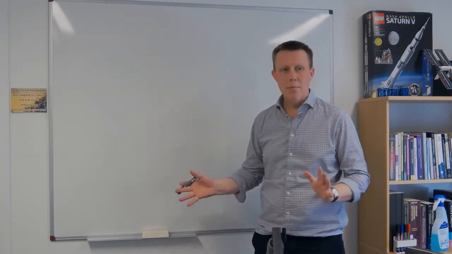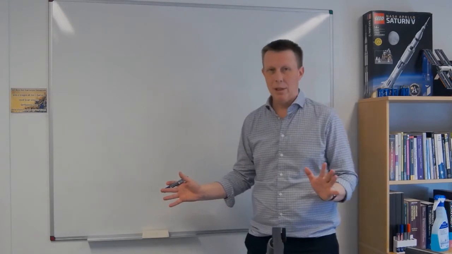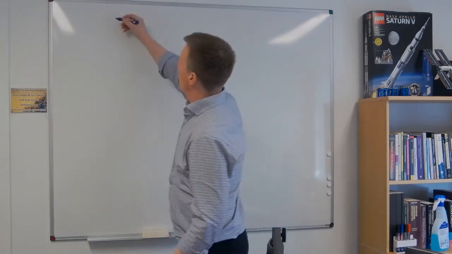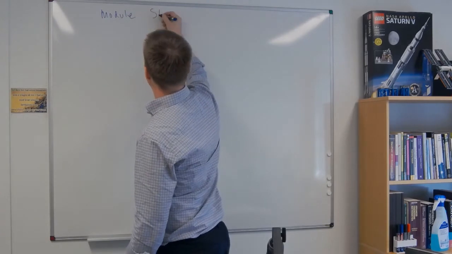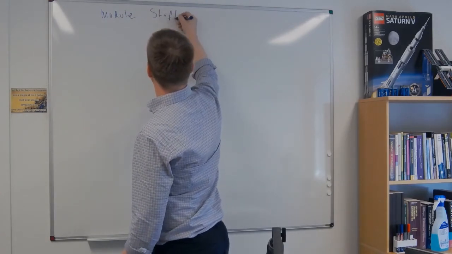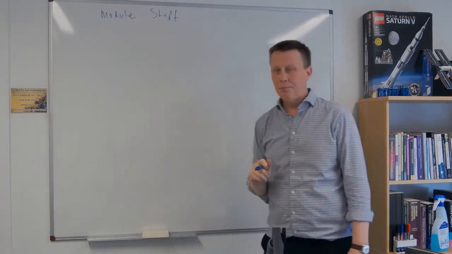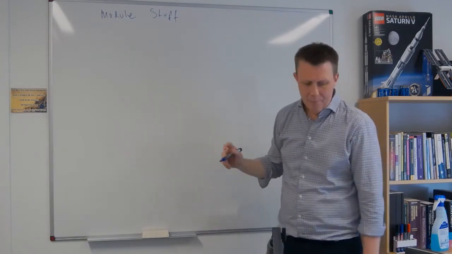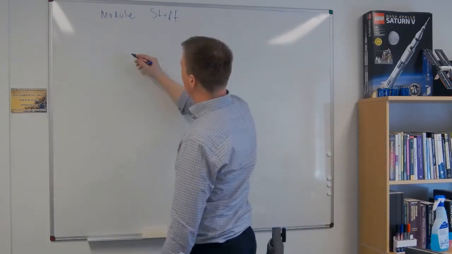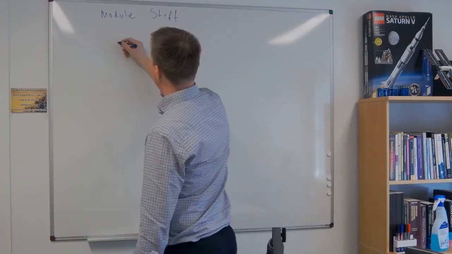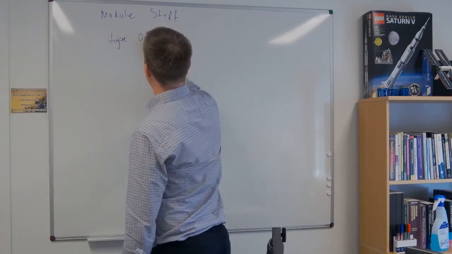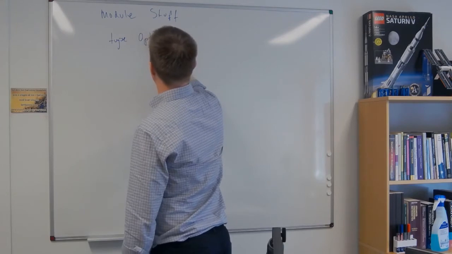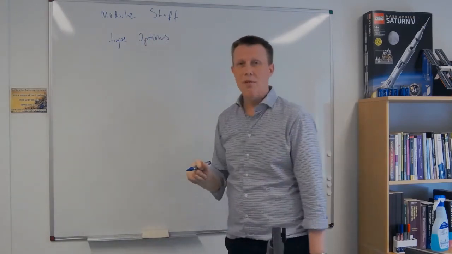A very common scenario when writing real code is the following. Suppose we have some module. I'm just going to call it stuff, for lack of a better name. And in this module, we define a type, which we're just going to call options, which is not to be confused with the option type.